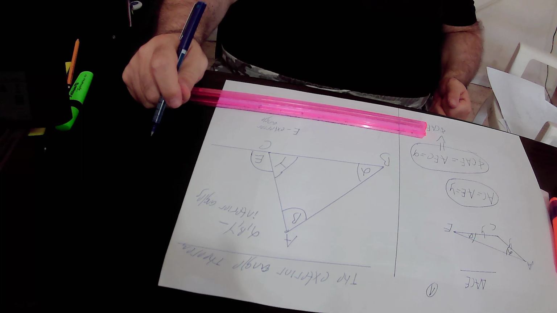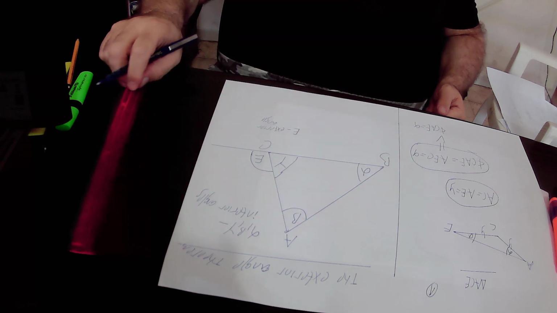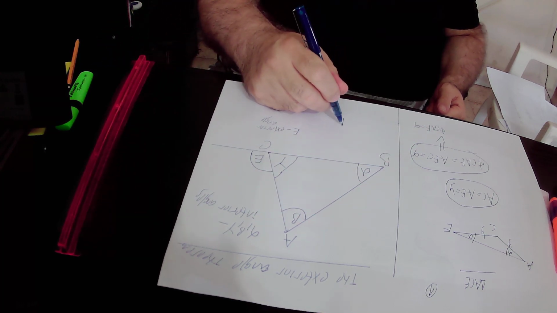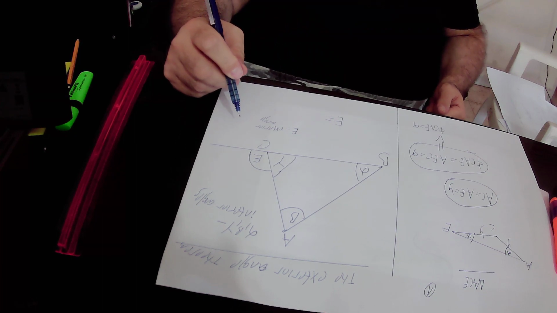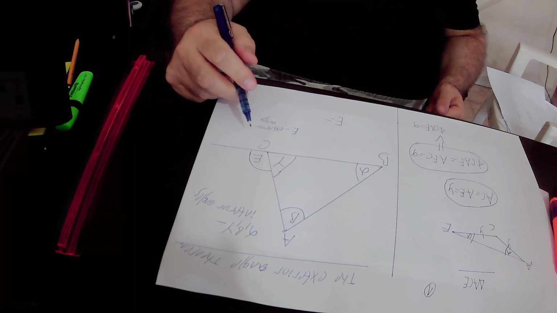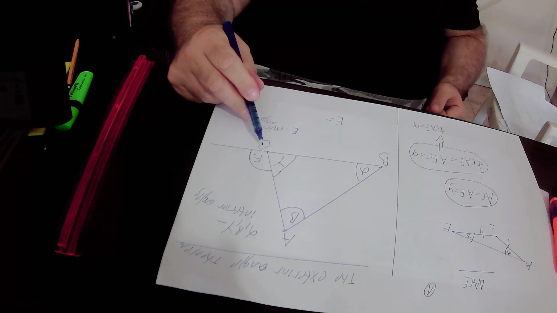and according to the exterior angle theorem, the value of the exterior angle E is equal to the sum of the two interior angles that are not adjacent to it.